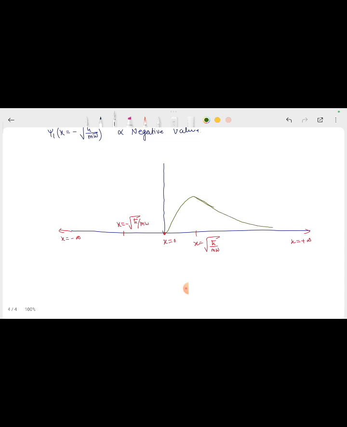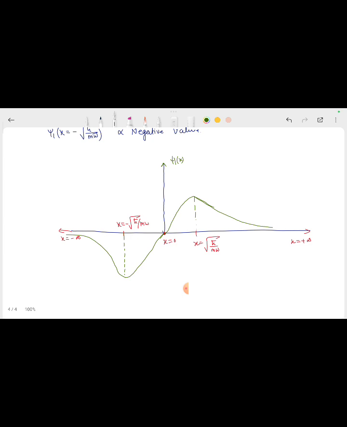On the other side we get the negative value. So this is the actual representation of psi 1(x).